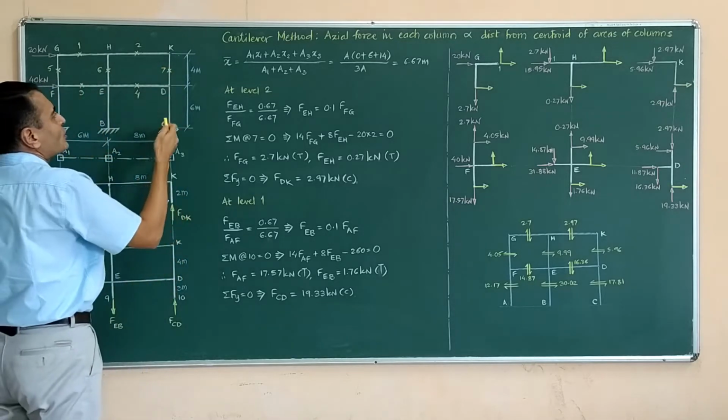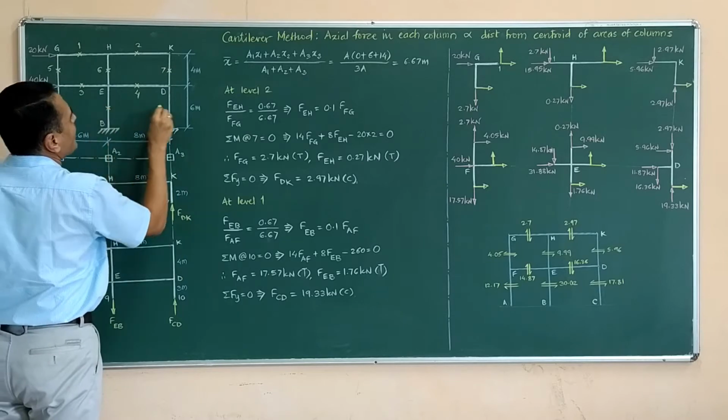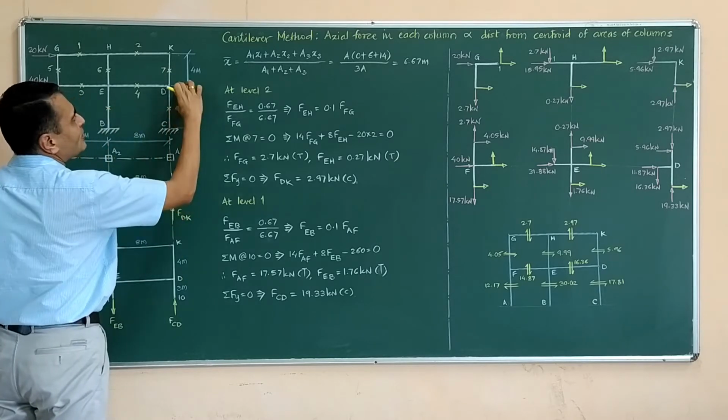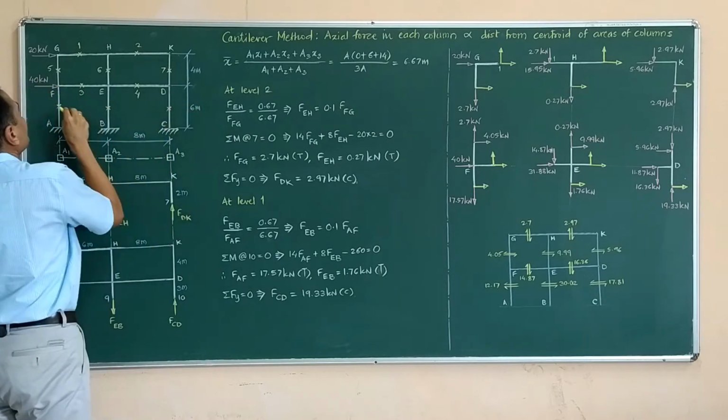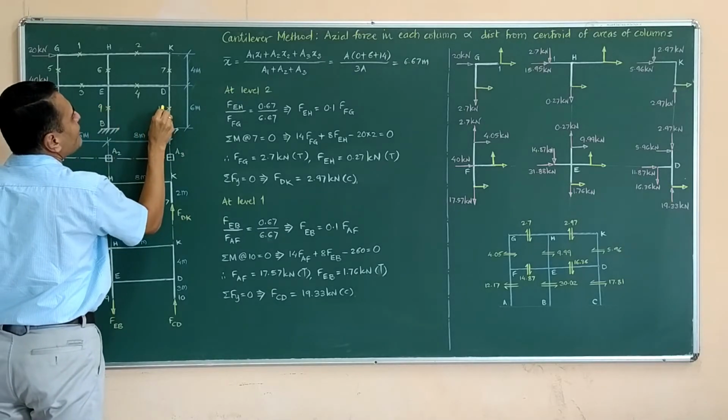So is the case for the bottom storey, the ground floor. We have points of contraflexure at 3 meters and 3 meters. Let me call these 8, 9 and 10.